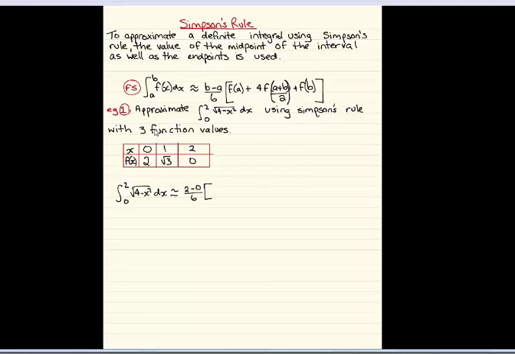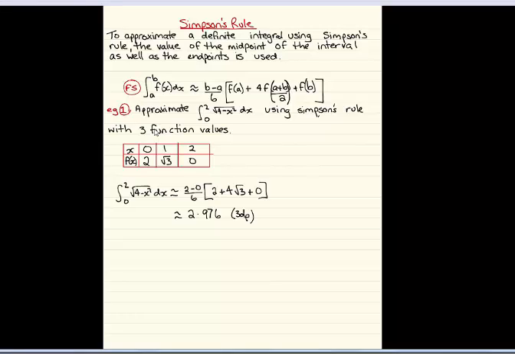And it is outside of, now f of a is just your first function value, which we said is 2, and then it is 4 times the function value at the middle, so it's 4 times root 3, and then it's the end one. Now all that goes into your calculator, which very conveniently gives you the approximation of 2.976 to 3 decimal places. So that is Simpson's rule using 3 function values.